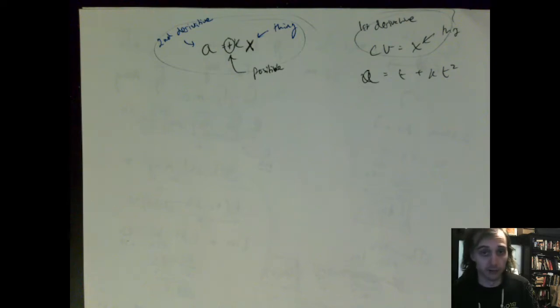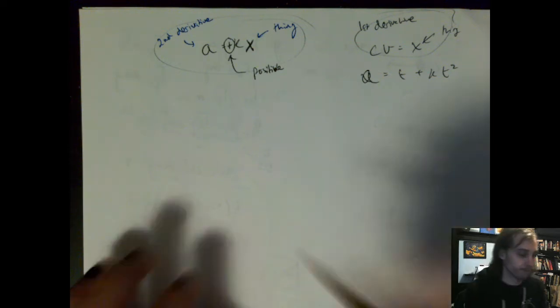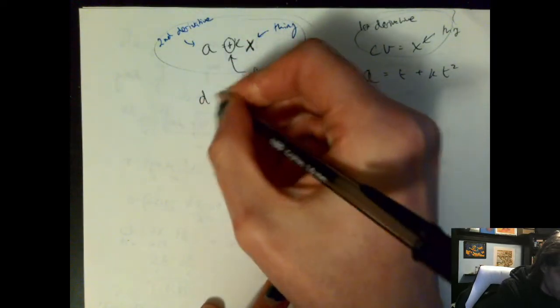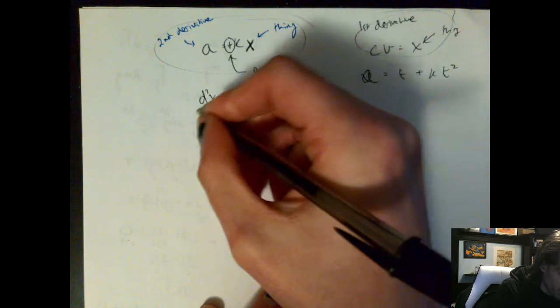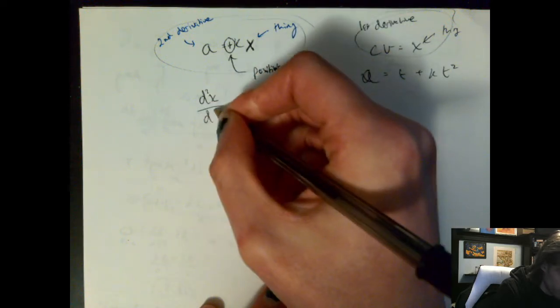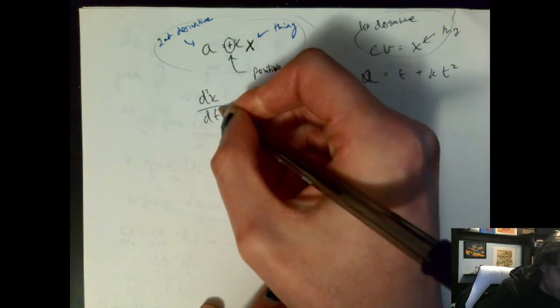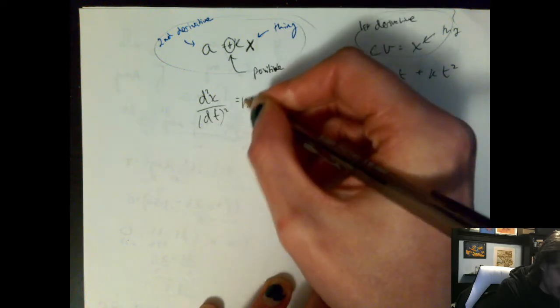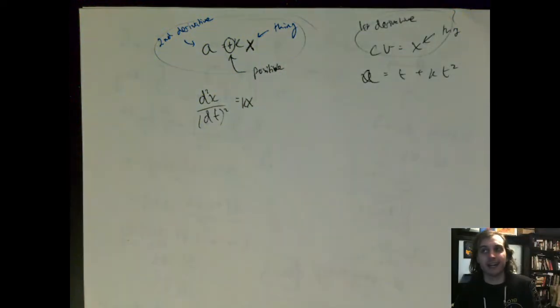If it's positive, we have to be a little careful here, because I can't just say that the second derivative of x with respect to time, twice, is equal to kx. I can't just integrate that twice. It just doesn't really work.